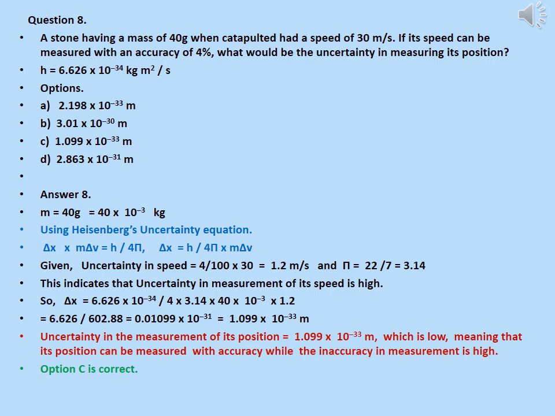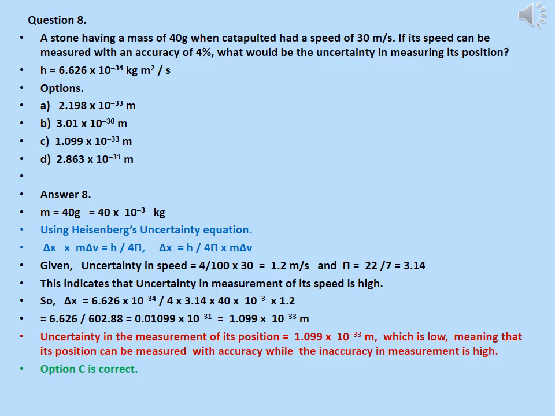Heisenberg's uncertainty principle equation: Δx · mΔv = h/4π, where Δx is the uncertainty in its position and Δv is the uncertainty in its velocity or speed. m is the mass of the stone, h is Planck's constant, and π is 22/7 or 3.14.